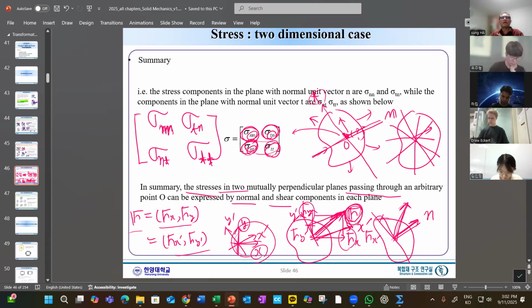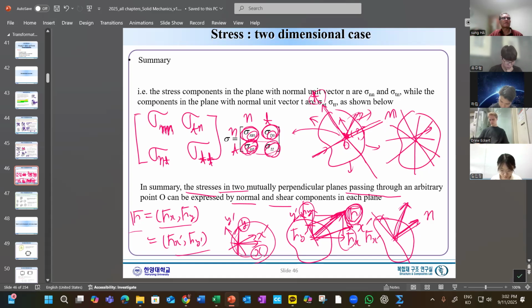Well, we need a cross section and the force. So the cross section is represented by one vector, and then another vector we decompose. That's why we have n and t. I'm just repeating because this is the first and very important topic for you.